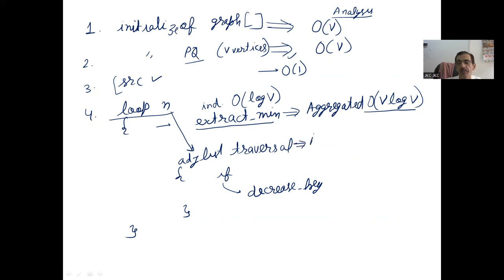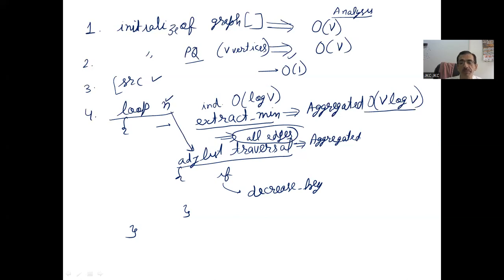Aggregation, why I'm using it? Because aggregated, this adjacent list traversal effectively means all edges. Using this loop, ultimately all edges are covered, as in DFS we saw.